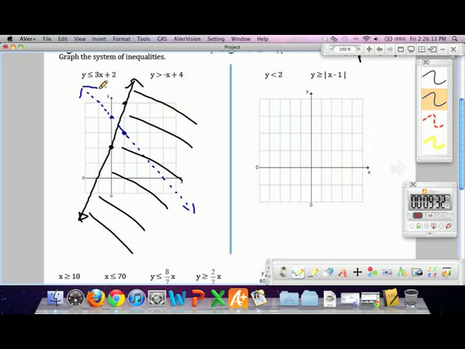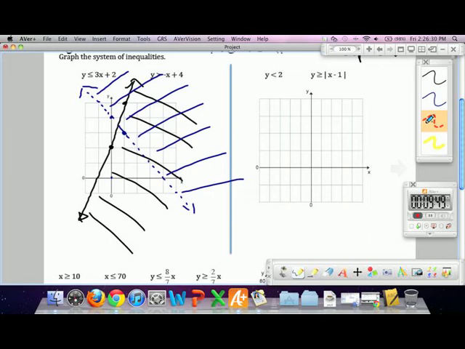No, 0 is not bigger than 4. So we'll shade away from the test point, which would be here. So then the solution area would be everything in this space. The solution area is where they both go.